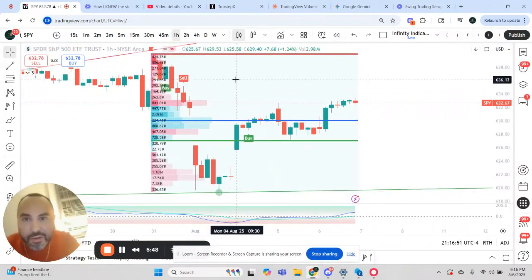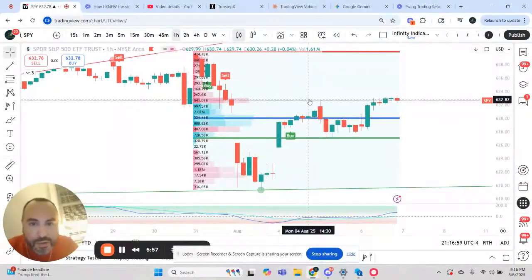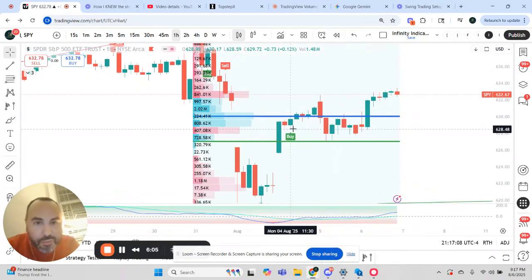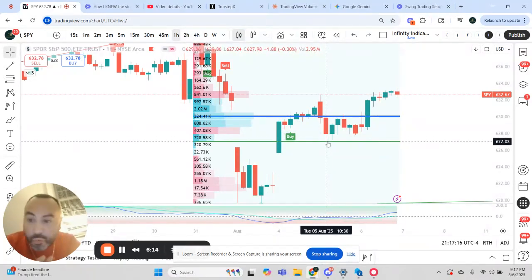What I mean by that is if it comes up to one of these key levels, you can use this as either a swing trade or for day trading. But in swing trading, for the purpose of this video, what are we looking for here?